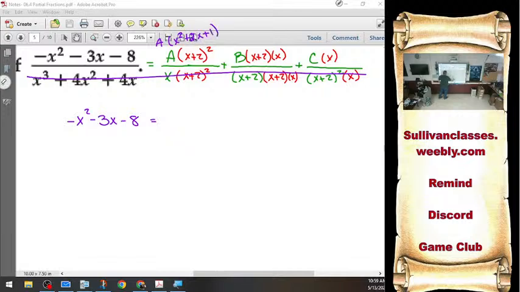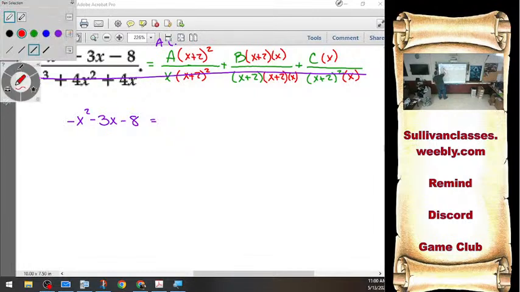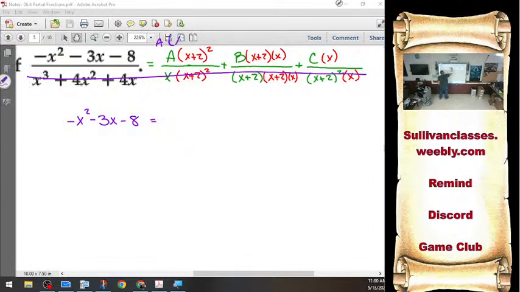Oh wait, that's an x plus 2. My own hand was in the way. X squared plus 4x plus 4. So that's ax squared plus 4ax plus 4a. Almost sounds like how they spell Canada.